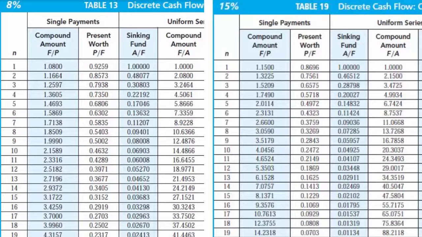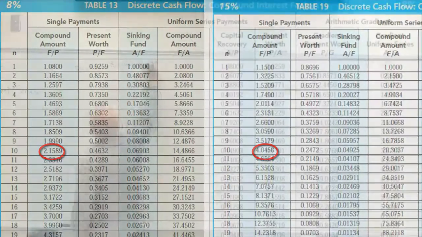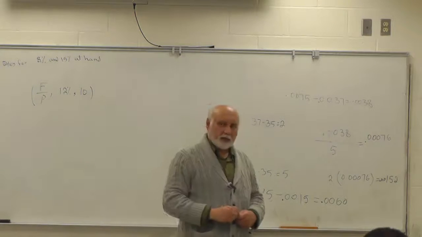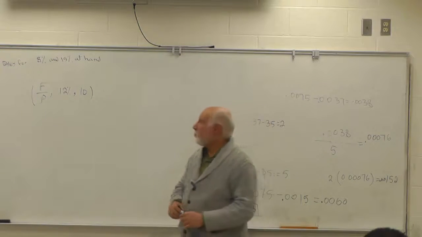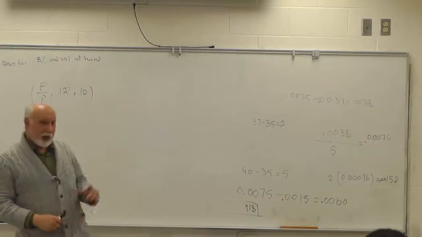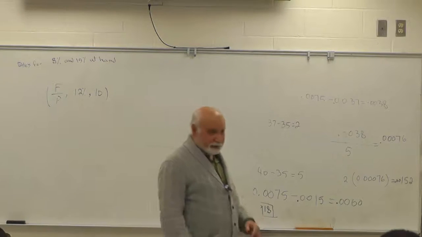Let's say that I am looking for F given P, 12% and 10 years. And the only thing that I have is tables for 8% and 15% at hand. Remember, in this case, the year is identified. But I have only 8% and 15% tables. How would I get the value for 12%?